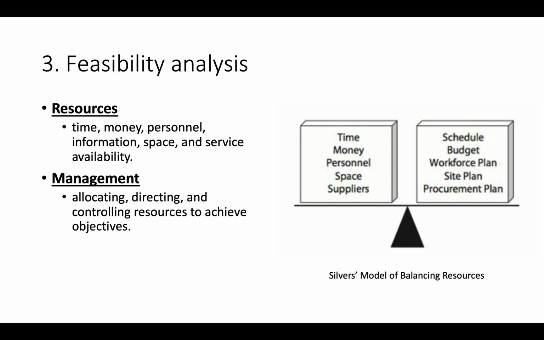When we already have all the resources, we also need to understand how we can do a better management. Refers to allocating, directing, and controlling all the resources in order to achieve our objectives. So this is the feasibility analysis.